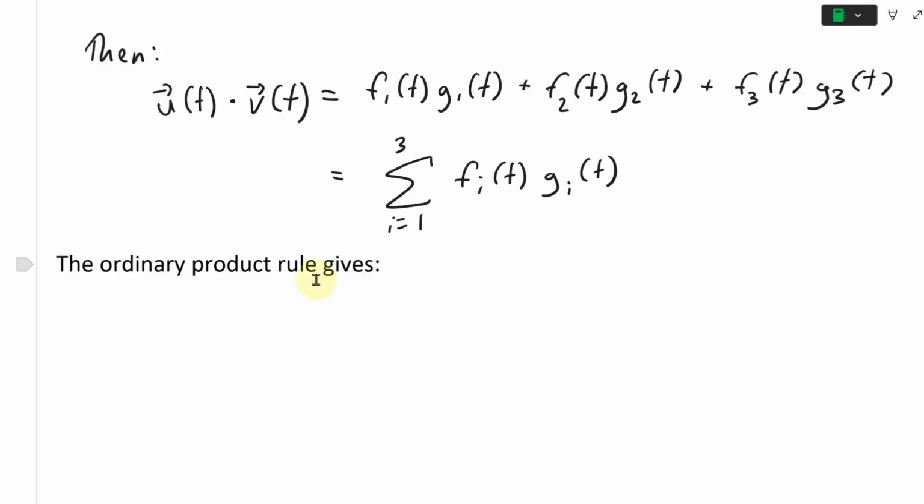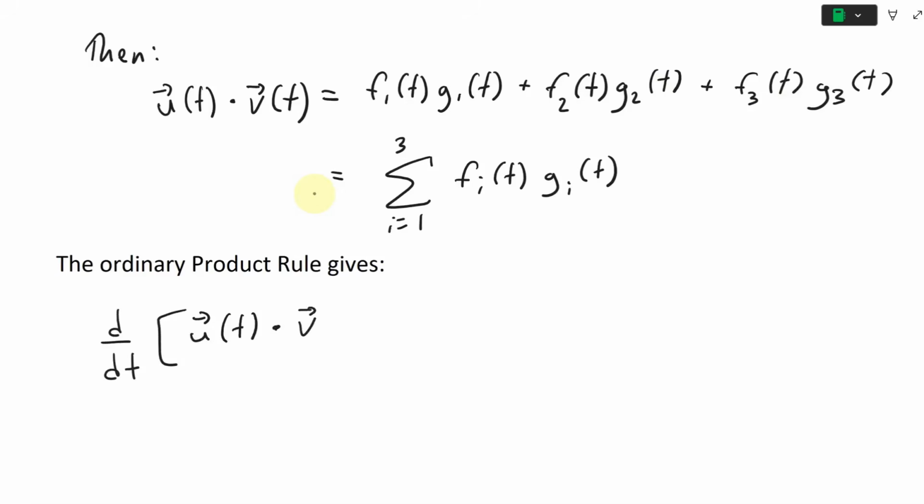Now the ordinary product rule gives, and we'll write this out, because we're taking the derivative of these two normal functions, but using a summation. So instead of doing it on one term, we do it multiple times. It's still the basic ordinary product rule, just for multiple terms added up. Let's take the derivative of the dot product of u and v. In terms of the summation, this is a normal product rule, not a dot product.